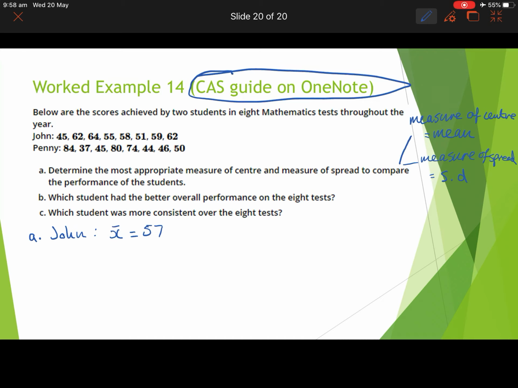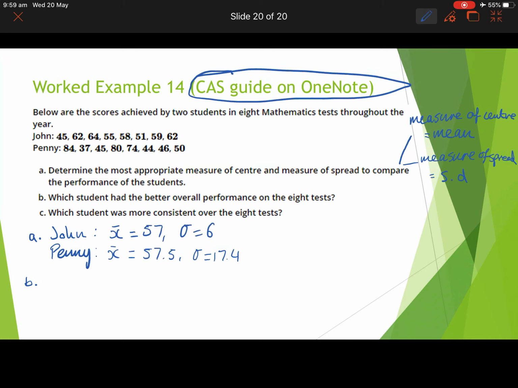That's what we're looking at in this chapter, because you've already been able to find the mean and the standard deviation. So the mean for John is 57 and the standard deviation is 6. And for Penny, you will find that her average is 57.5 and standard deviation is 17.4. Okay, so that's A.